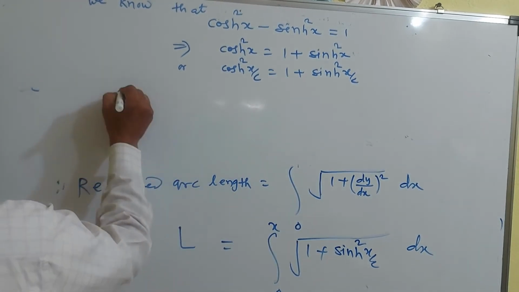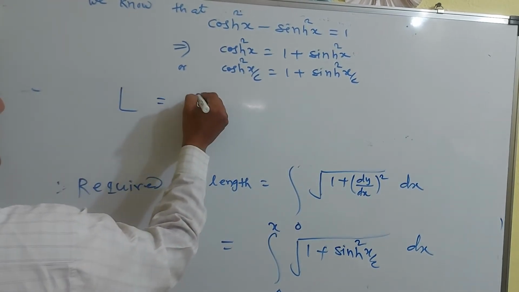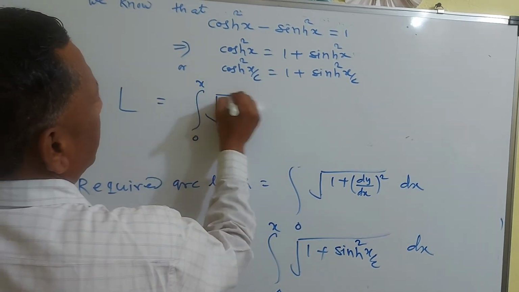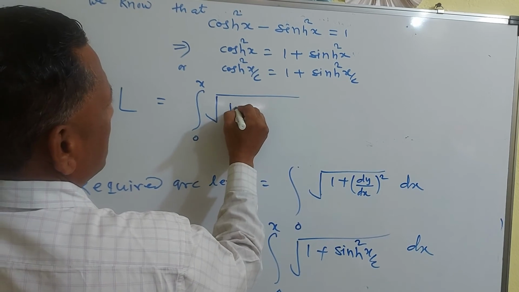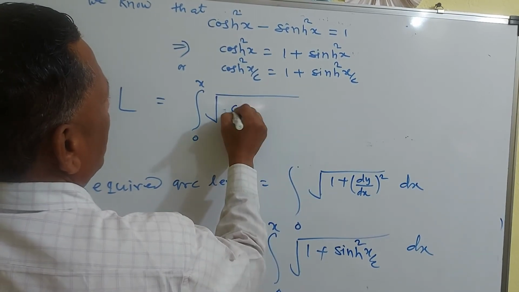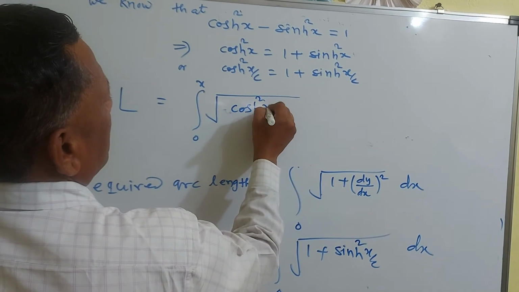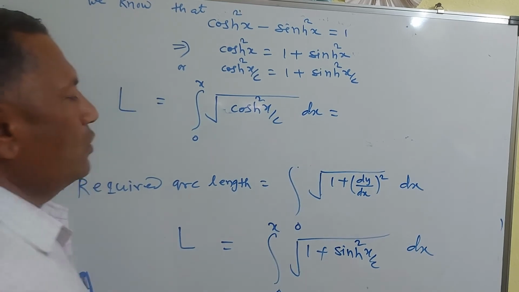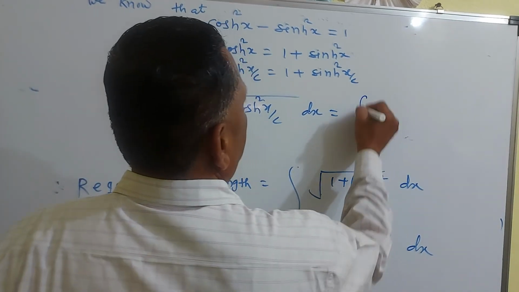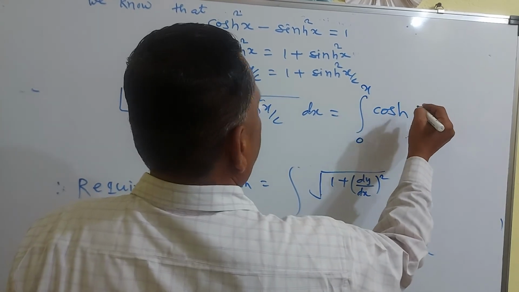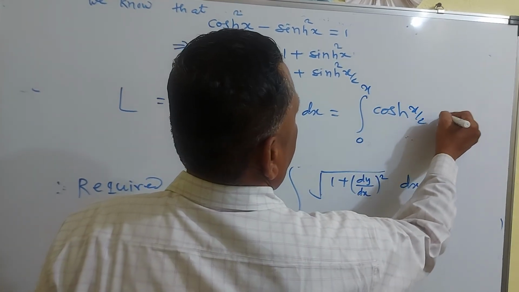Therefore the required arc length L is equal to the integration going from 0 to x of root of 1 plus sin h square of x upon c, means cos h square of x upon c, and the integration is with respect to x. So what is the square root? Therefore it is the integral from 0 to x of cos h of x upon c dx.